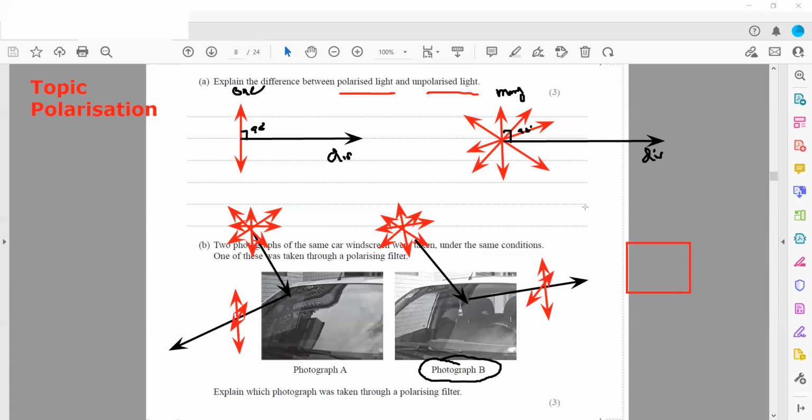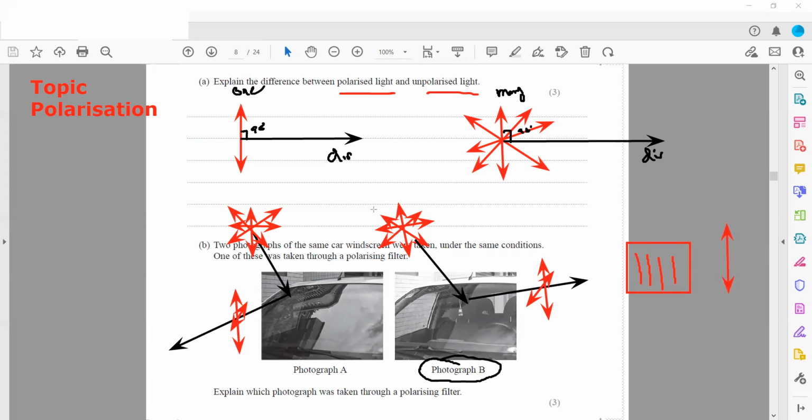For example, this is a polarizing filter through which we are observing. If the plane of the polarizing filter is vertical, only the vertical component is able to pass, and the perpendicular or other components are absorbed. So it will only allow the vertical component of the light to pass. That's why it will give us a clear image.